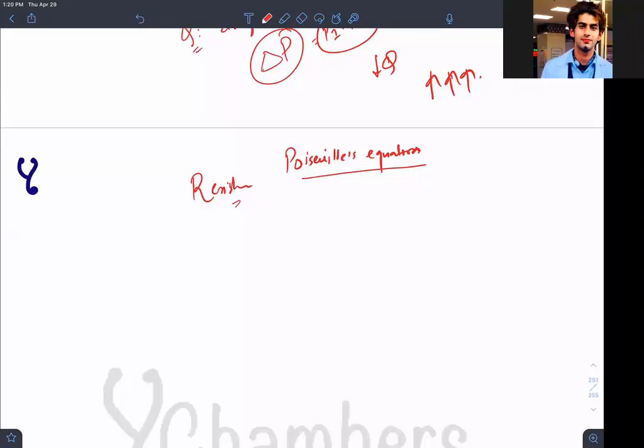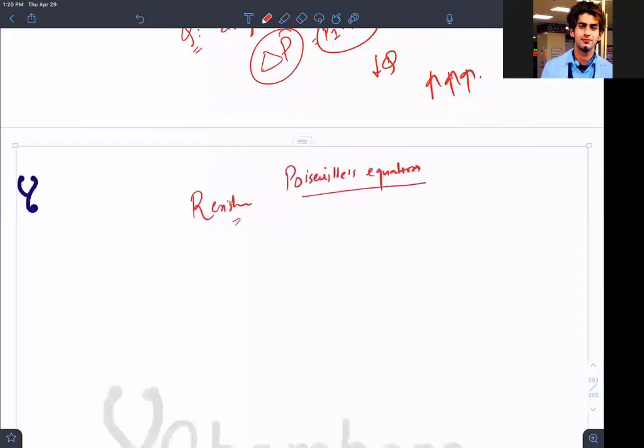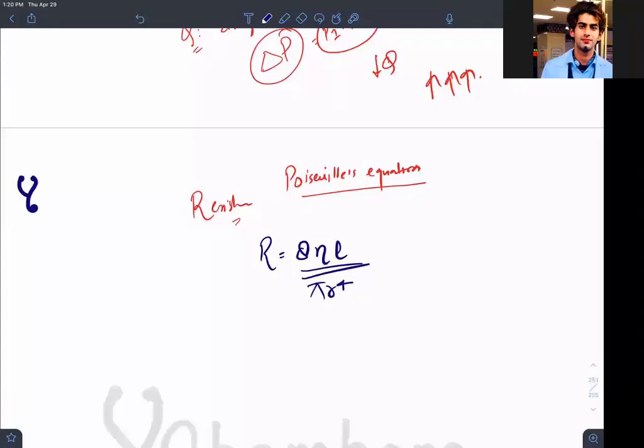Is it clear? So the equation is, let us take a different color, R is equal to 8 eta L divided by pi r to the power 4. What is R?